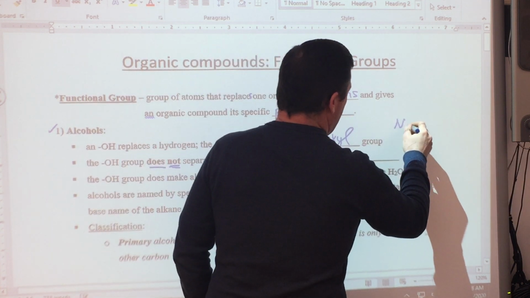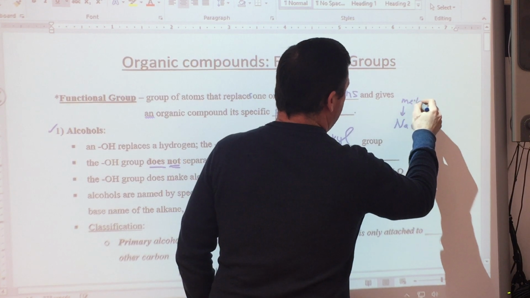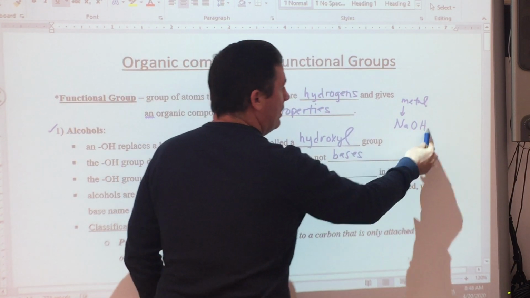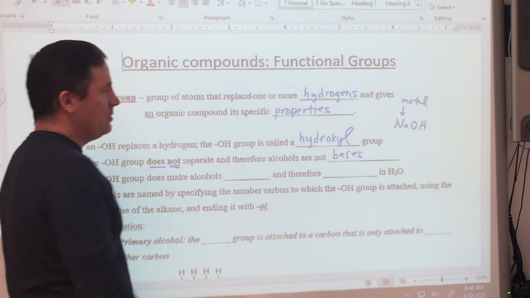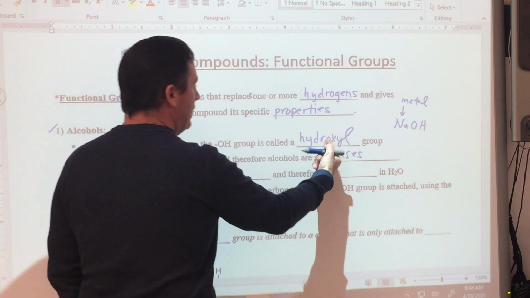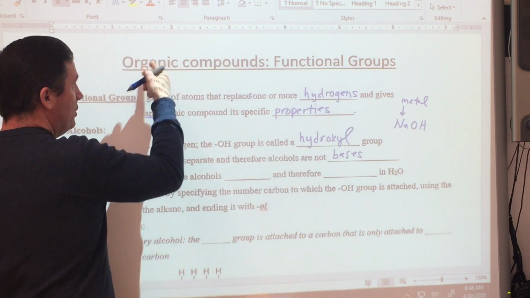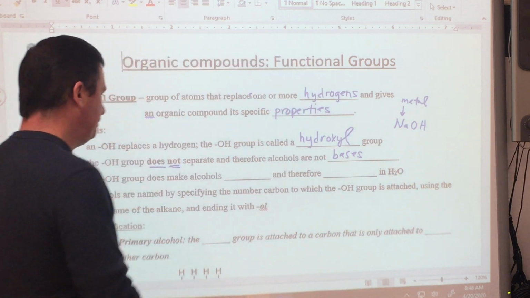You may remember a base is going to be a metal and then hydroxide. So this group here is called the hydroxyl group when it is attached as an alcohol. Here it's called a hydroxide group.